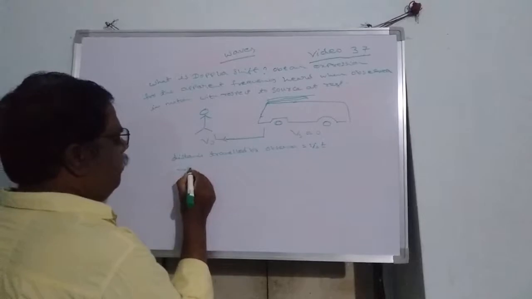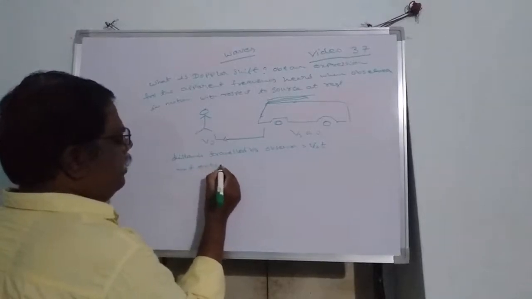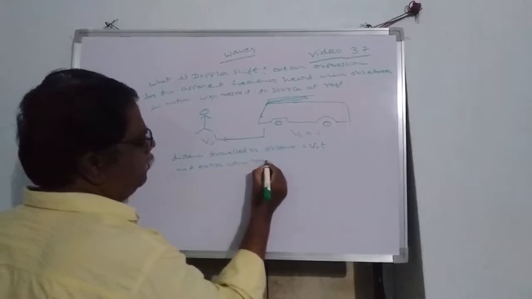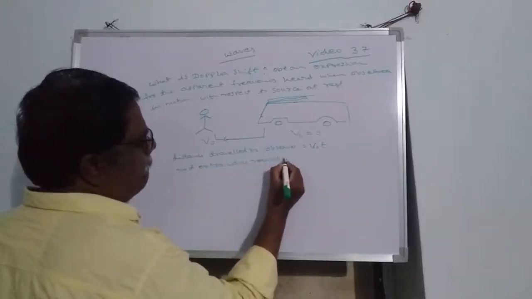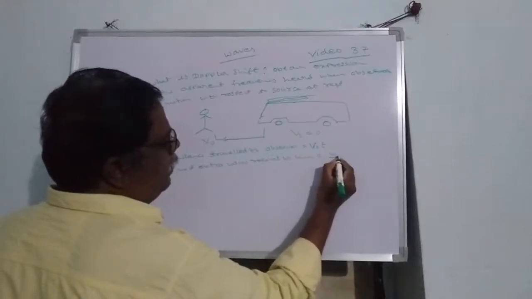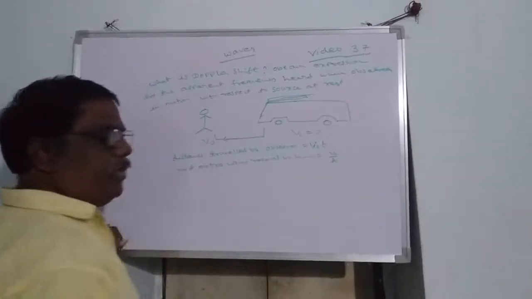The number of extra waves received should again be V naught by lambda.